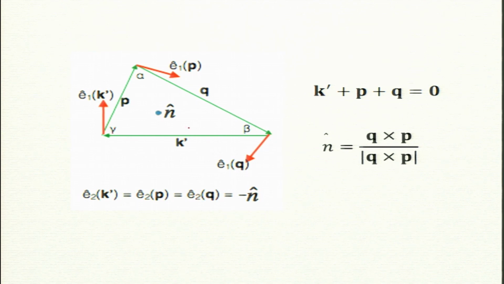I have 3 wave numbers k prime, p and q, and my condition is that k prime plus p plus q is 0. So, these are 3 vectors like this, k prime, p, q. Is that clear? Now remember I had said for convolution k equal to p plus q.